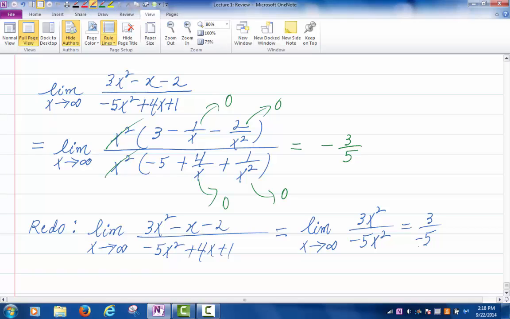Also, you cannot apply this trick when x goes to a number. You can apply this trick as long as x goes to infinity or negative infinity, but you cannot apply this when x goes to a finite number.